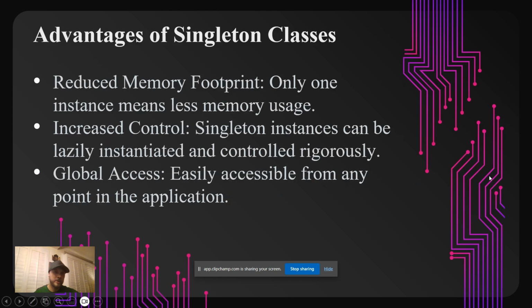Now we will switch over to the advantages. So what are the key advantages to why we would use Singleton? The class offers a reduced memory footprint. As we talked about before, memory is crucial, especially when you're going over databases and the use of infrastructure. So it eliminates multiple instances of a class that essentially perform the same function.